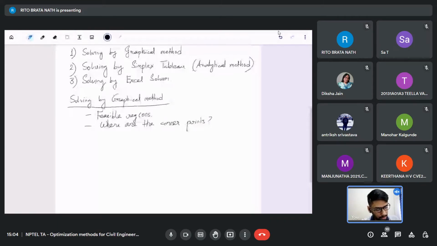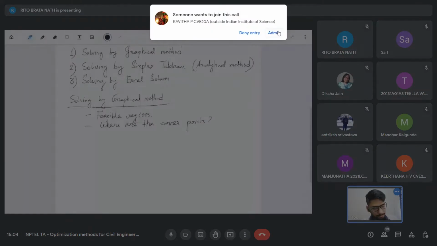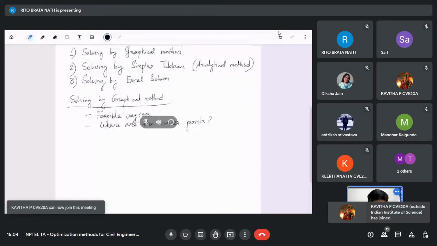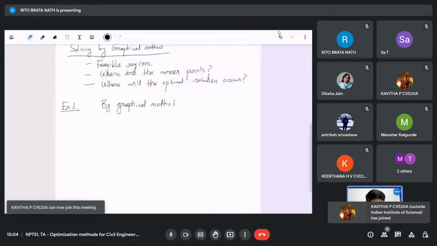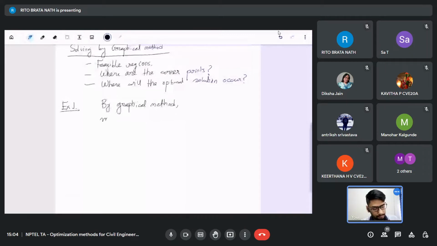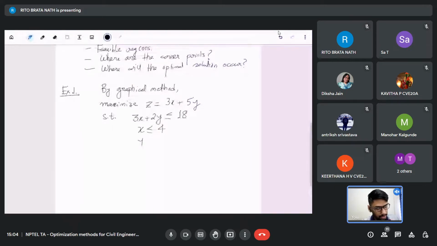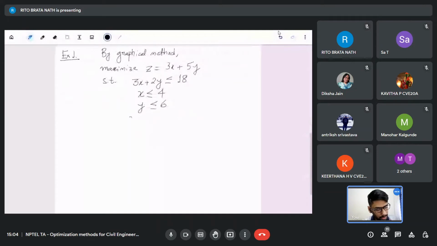We need to, by graphical method, maximize z equals 3x plus 5y, such that 3x plus 2y less than or equal to 18, x less than or equal to 4, y less than or equal to 6, and your x and y variables are greater than or equal to 0. So how would you solve this kind of problem?